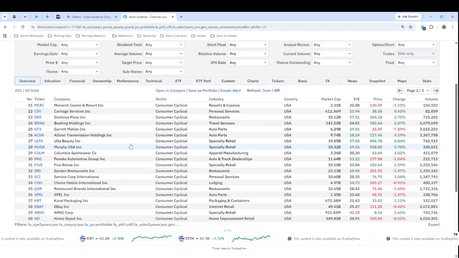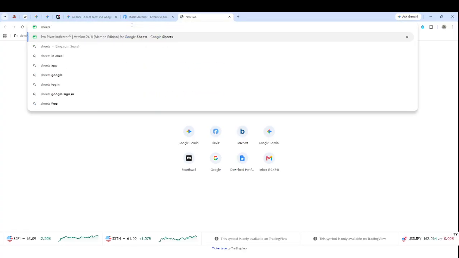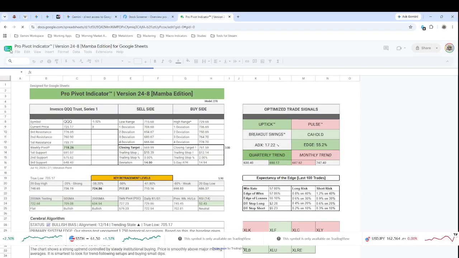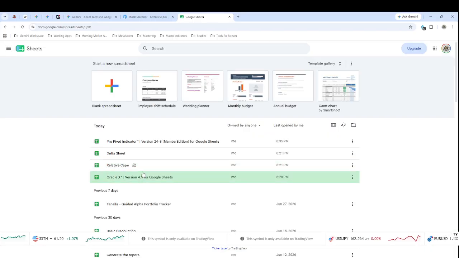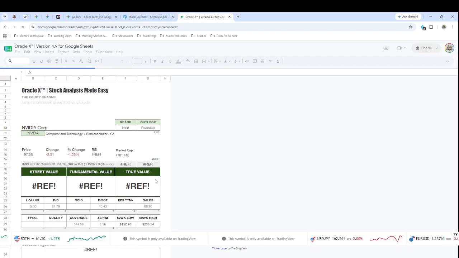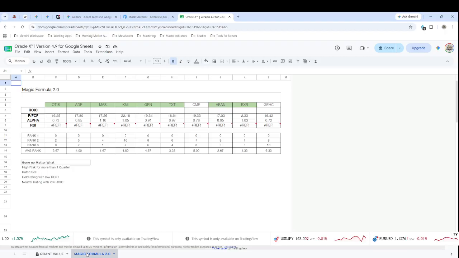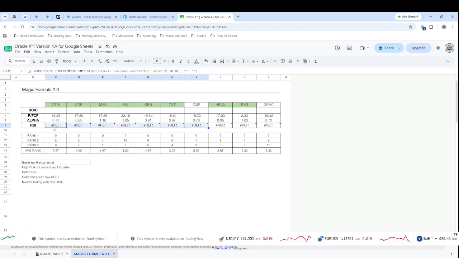Let's go ahead and take the first 10 names here. And what I'm going to do is plug them into Google Sheets. What I want to see is what these companies are doing for me in this regard.